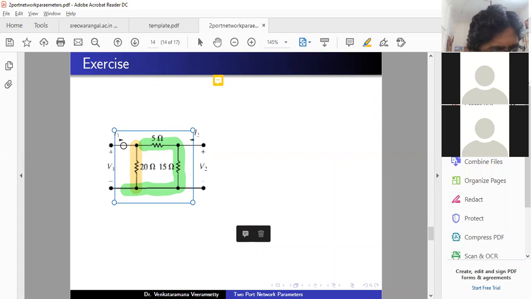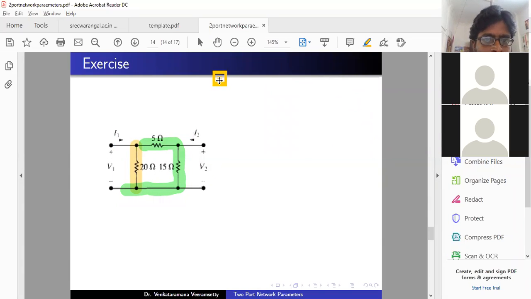From this diagram, we can conclude that the 5 and 15 ohm resistances are connected in series because there is no current division. The same current is flowing through them. So the 5 ohm and 15 ohm resistances are in series, and that equivalent resistance is in parallel with the 20 ohm.